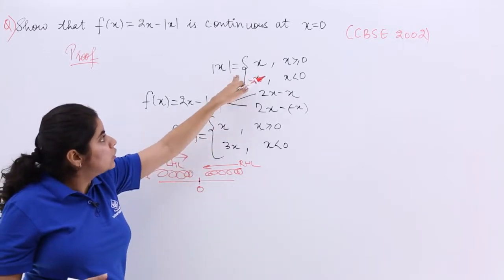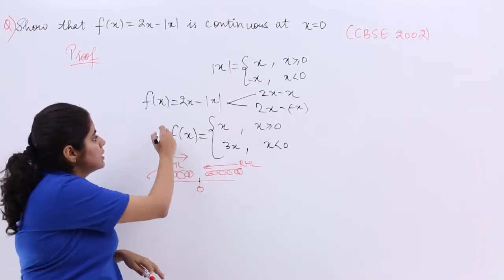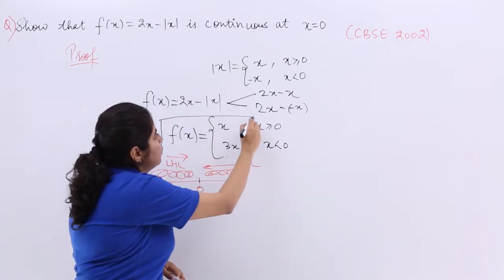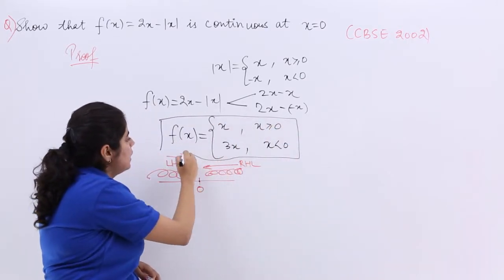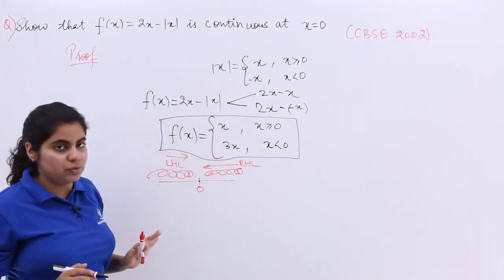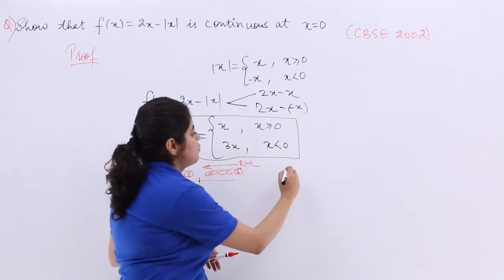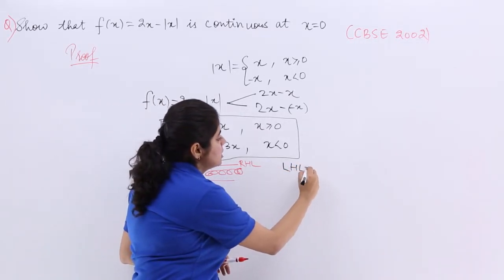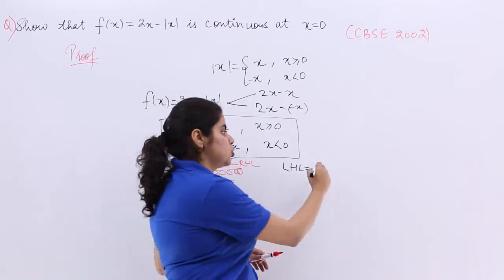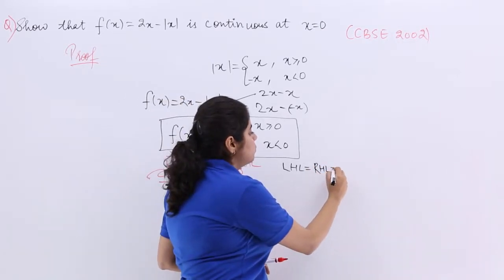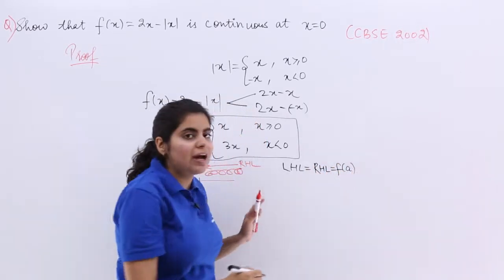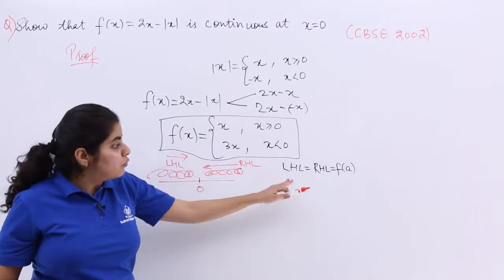So here the function is this f(x) that we have to consider. This box that I am drawing is telling me that I have to consider this function. Now when I have to say a function is continuous, it means the left hand limit should be equal to the right hand limit, which should be equal to the value of the function. What is the left hand limit?